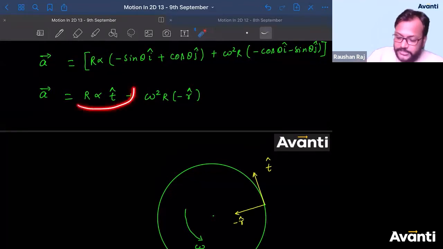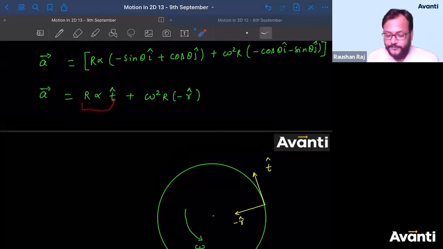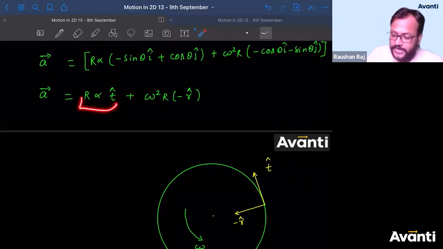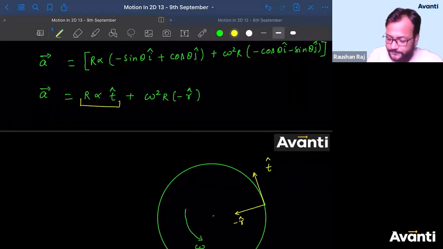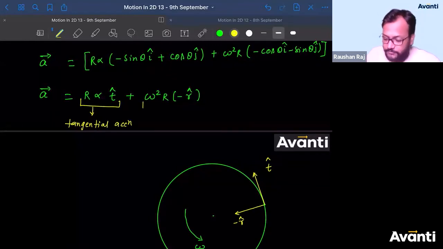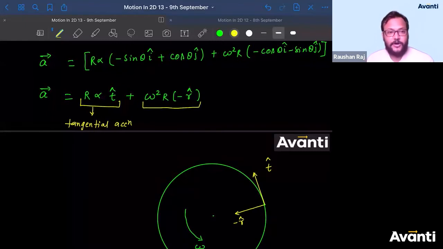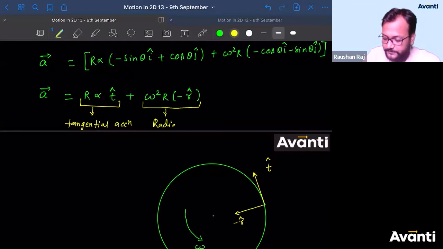This component is called the tangential component, or we name this tangential acceleration. This component is called the radial component, and this is called radial acceleration.